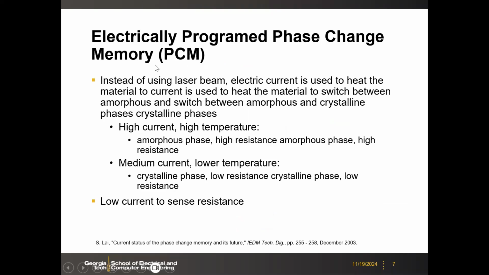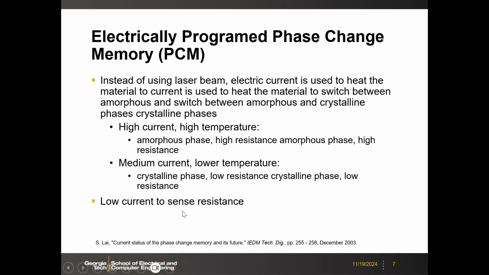Okay, so here we're interested in this electrically programmed phase change memory. This is not the CD-DVD, okay? So we're going to apply large currents to trigger the high temperature due to the Joule heating. You are going to transition from the crystalline to the amorphous state with the quench process. And then with the medium current, you generate some lower temperature to help recover the crystalline phase, or recrystallize.